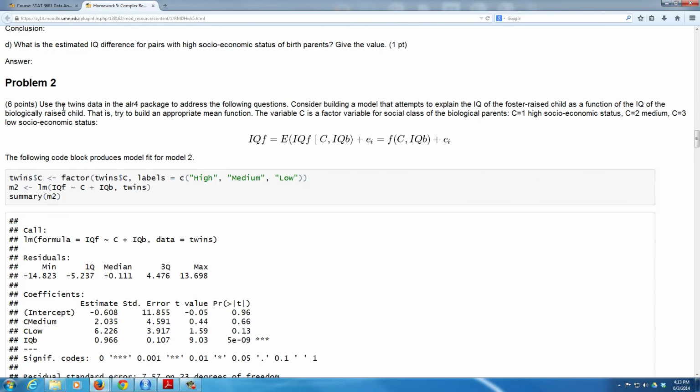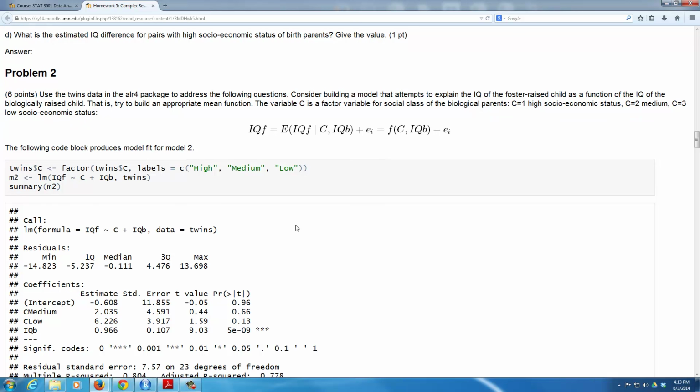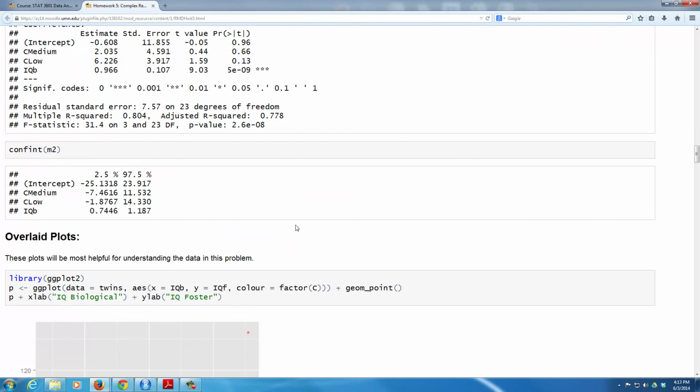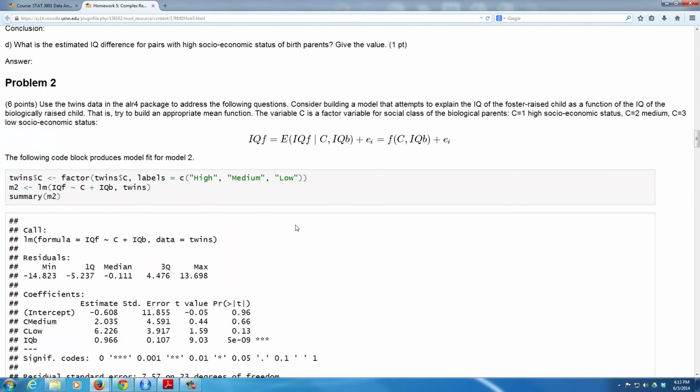In problem 2, we use the same data set, except we're going to use a slightly different model. We're going to use a model that has the IQ of the foster raised twin as the response, and we're going to have the IQ for the biological raised twin as the quantitative predictor, and then we will allow different model components for the social class.